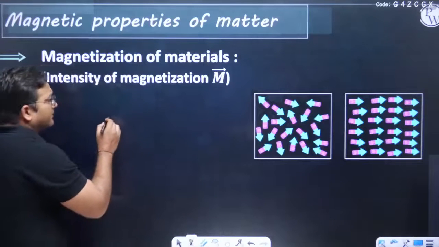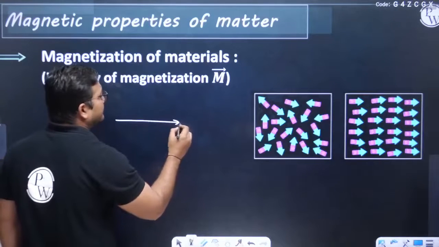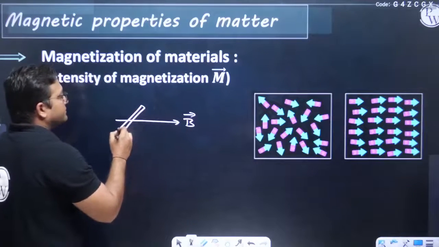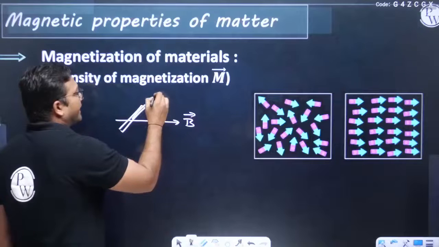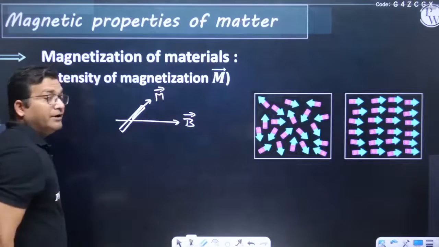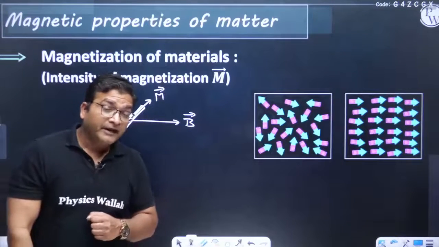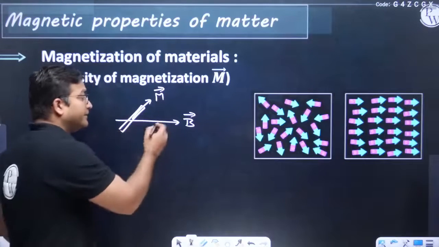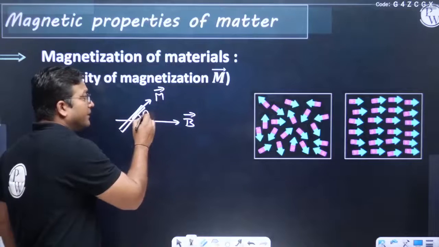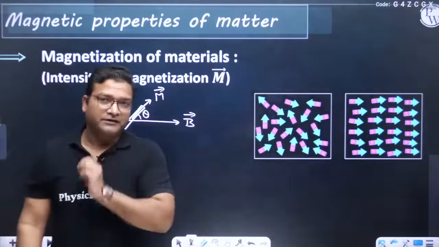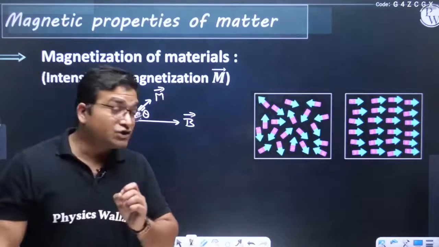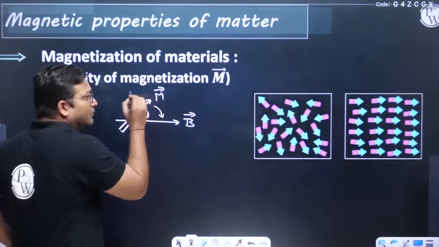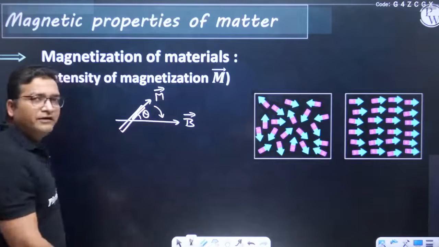I think you all remember that if we place a magnet in a magnetic field, the magnet has some magnetic dipole moment. If there is some angle between the magnetic dipole moment and the external magnetic field, a magnetic torque acts on the magnet, and the torque tries to align the magnetic moment vector along the magnetic field.